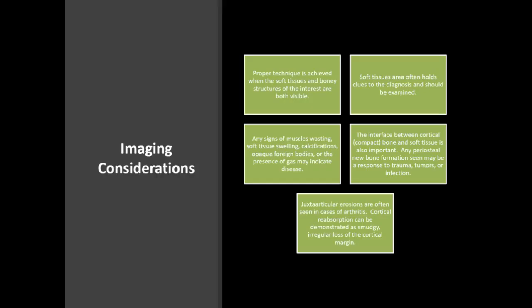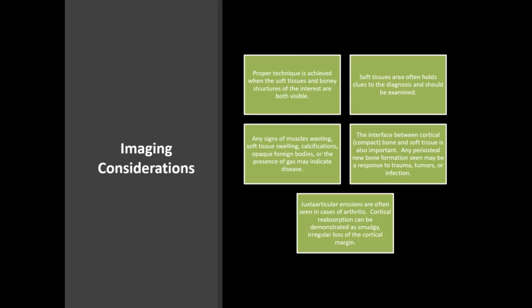Imaging considerations. Proper technique is achieved when soft tissue and bony structures of interest are both visible. Soft tissue areas hold clues to the diagnosis and should be examined. Any signs of muscle wasting, soft tissue swelling, calcifications, or foreign bodies in the presence of gas may indicate disease.